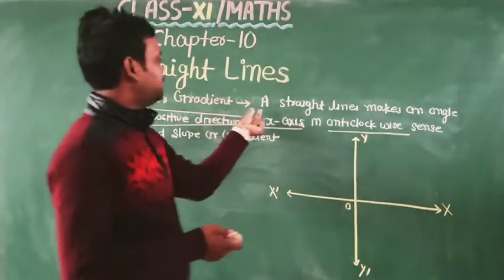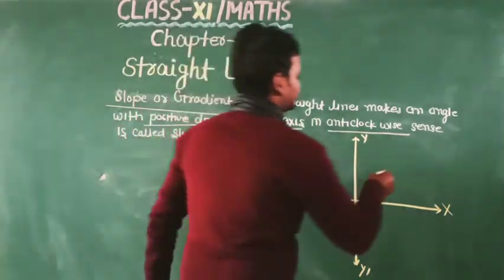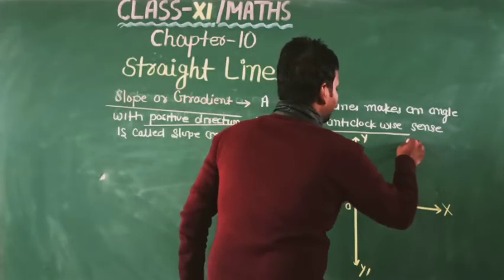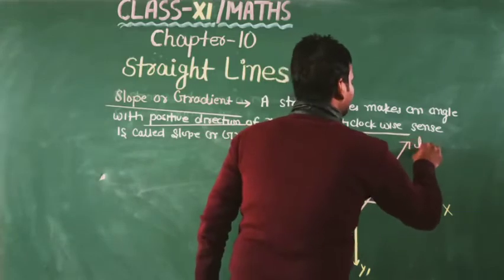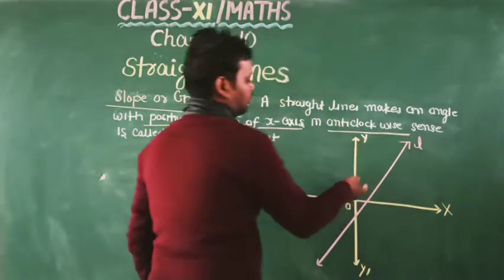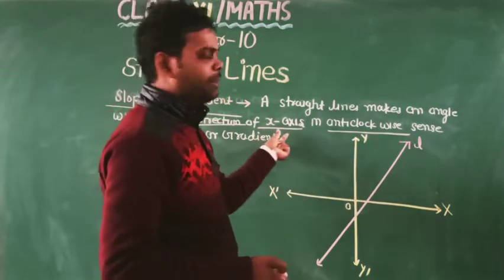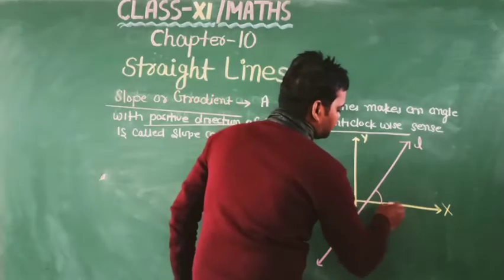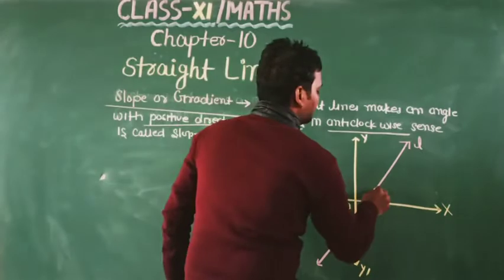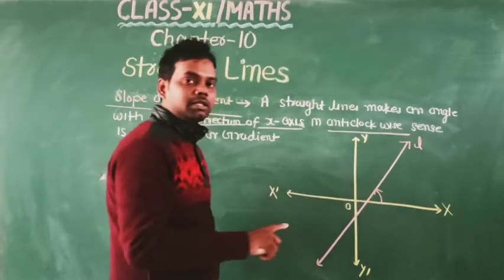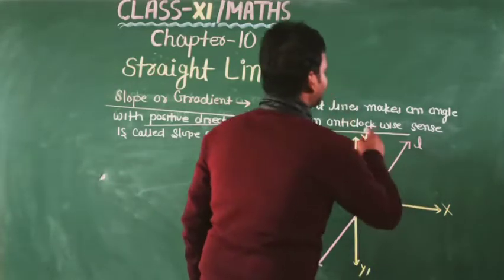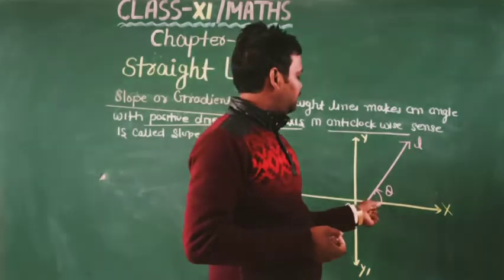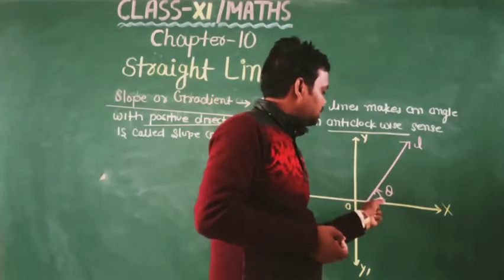So the definition of slope or gradient here: a straight line L makes an angle theta with the positive direction of x axis in anti-clockwise sense.